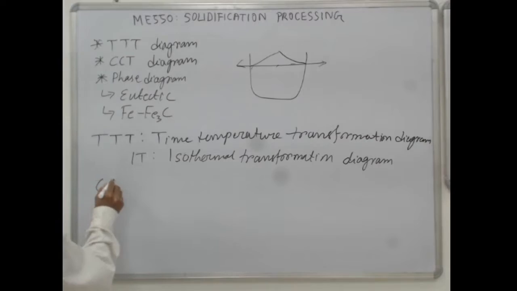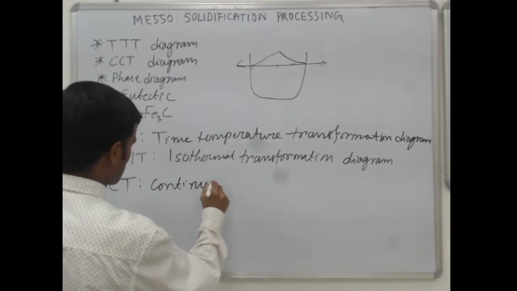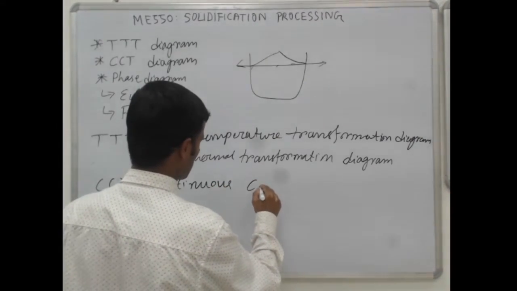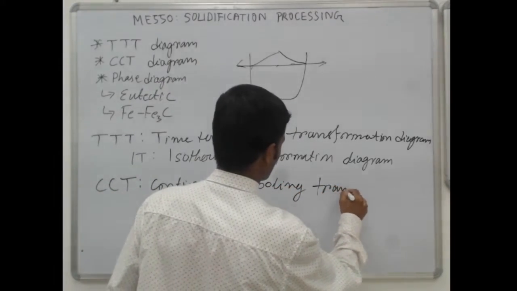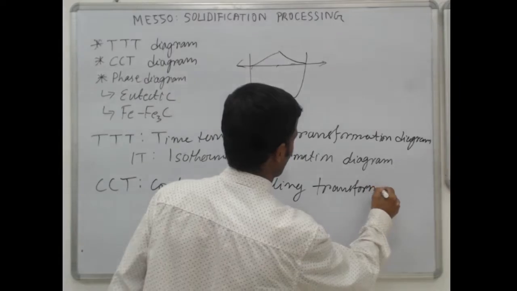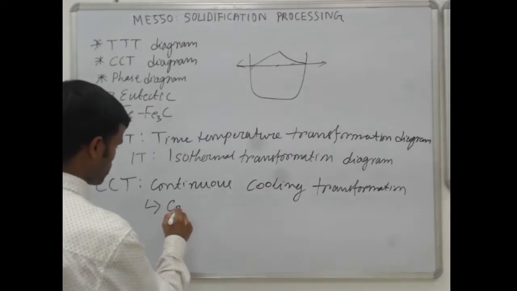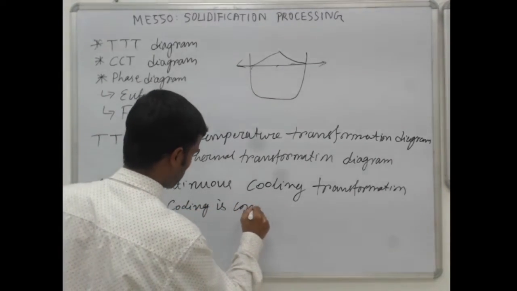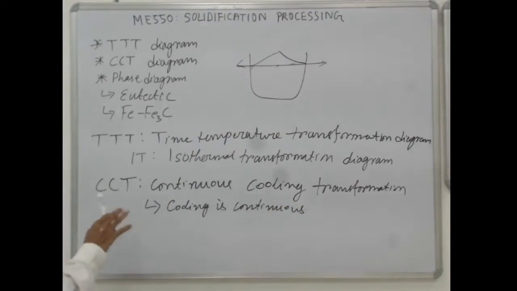So CCT is continuously cooled transformation, or continuous cooling transformation. And these two diagrams are not very different, that we will be discussing.